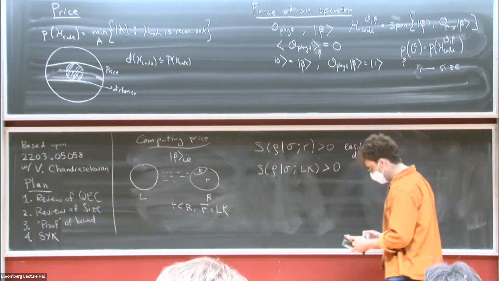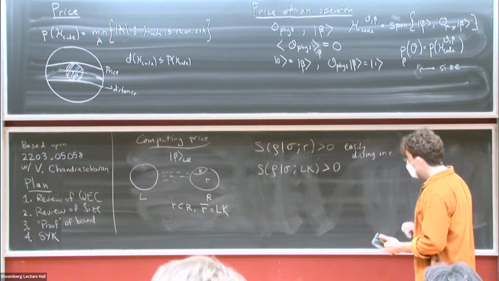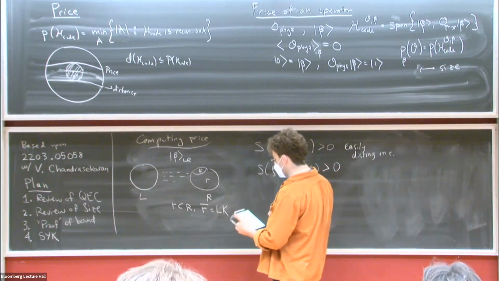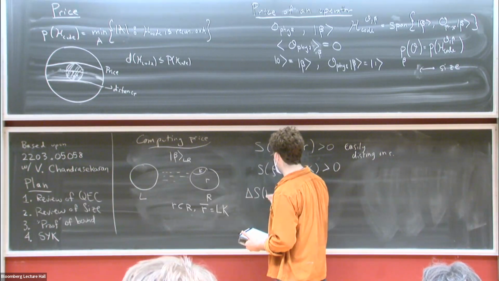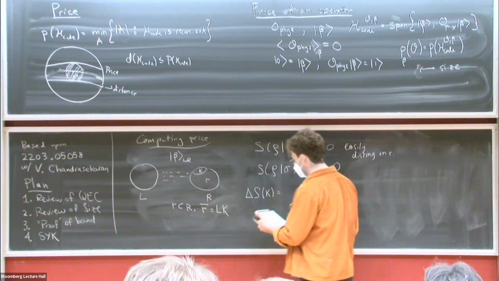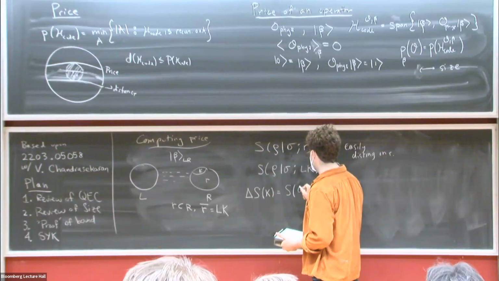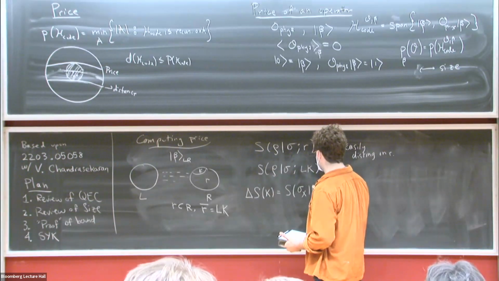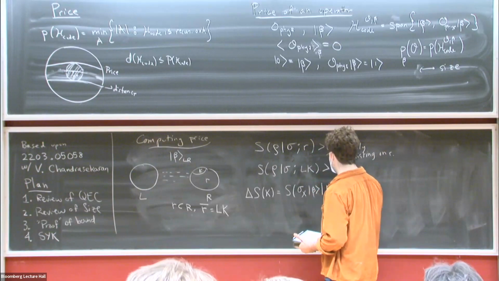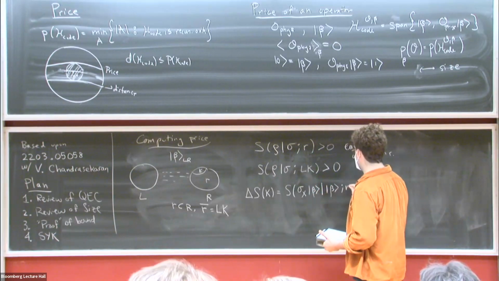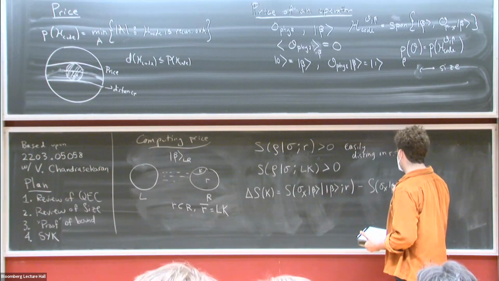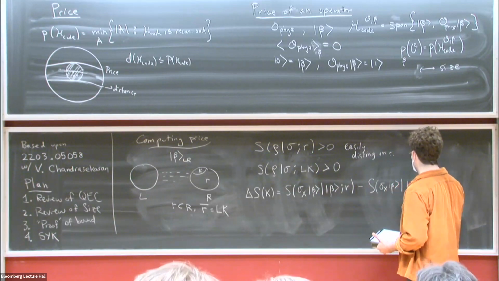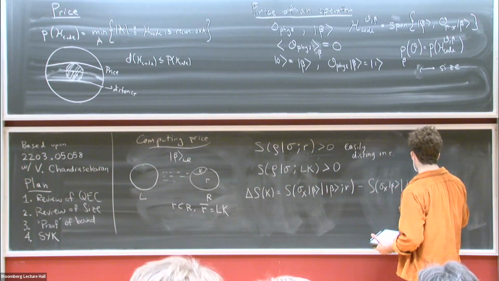And so a natural quantity to consider might be delta S, I'm going to call it delta S of K, which is the difference between the relative entropy of sigma x acting on beta with respect to beta on R, minus that of sigma x acting on beta with respect to beta on LK.